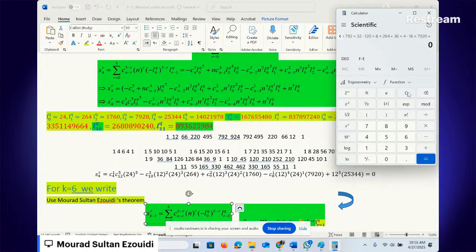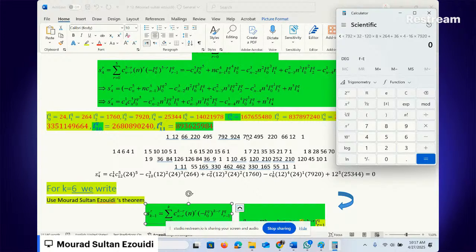We have S4 equal: minus 3, 12 minus 3 is 9. 12 squared, 24 cubed, times 264, plus 12 minus 3 is 9. 12 cubed, 10 squared, times 1760.